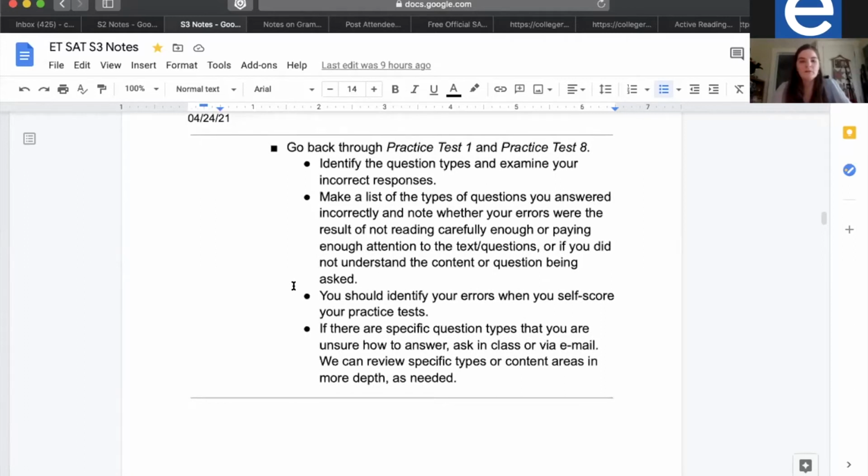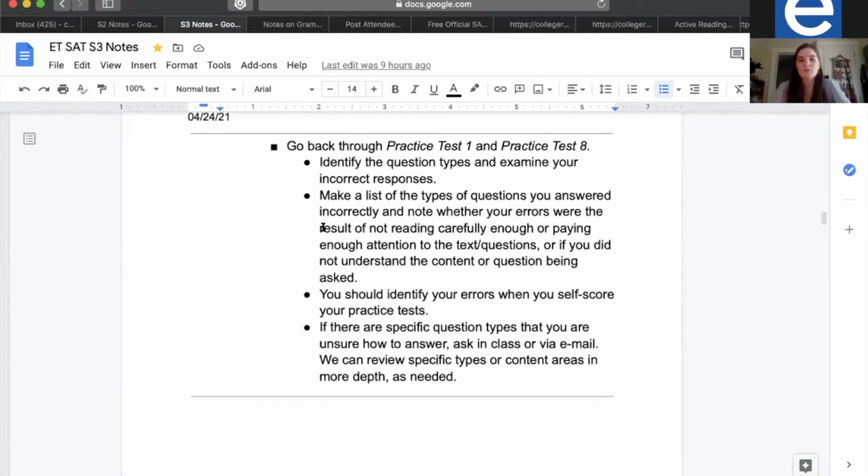So that includes making a list of the types of questions you answered incorrectly and noting whether your errors were the result of not reading carefully enough or paying enough attention to the text or questions, or if you rush, or whether it's really that you don't understand the content or the question being asked.